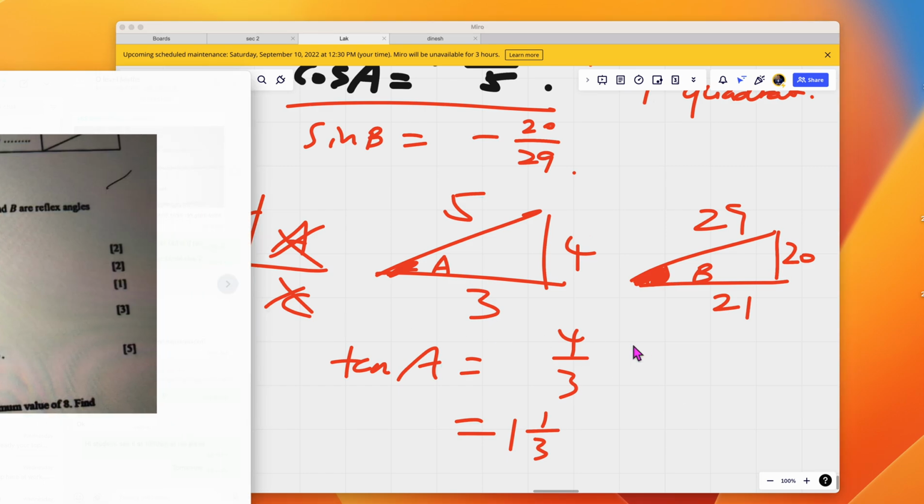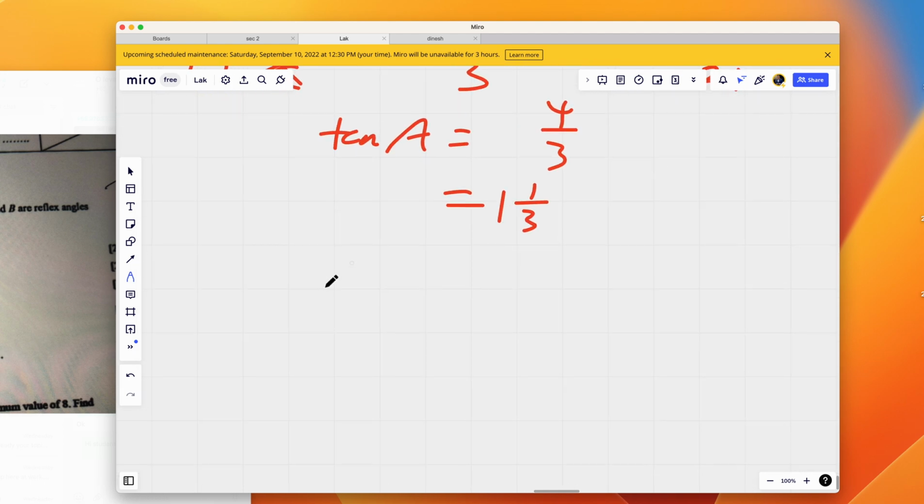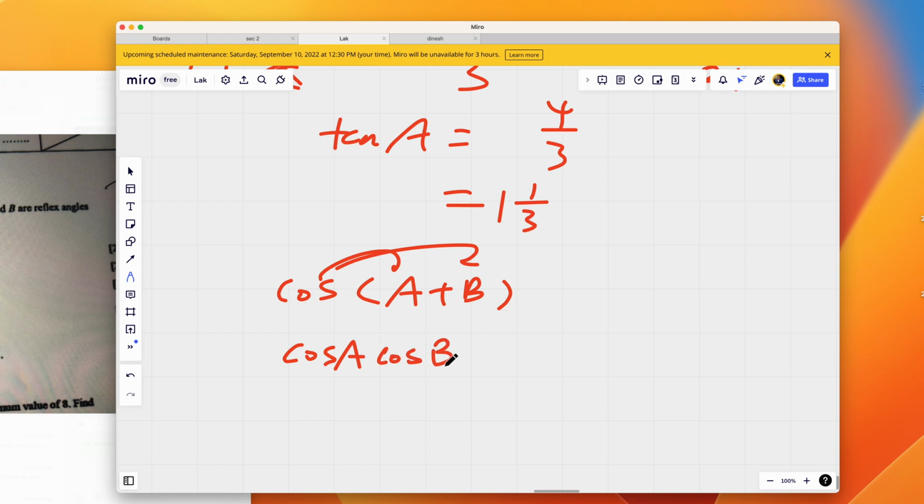Cosine A plus B. This one you need to make use of the formula. You don't have the value of A plus B, but you can use the formula. It's not cosine A plus cosine B. You have to look up the formula sheet. Then you get cosine A cosine B plus or minus sine A sine B. I cannot remember.